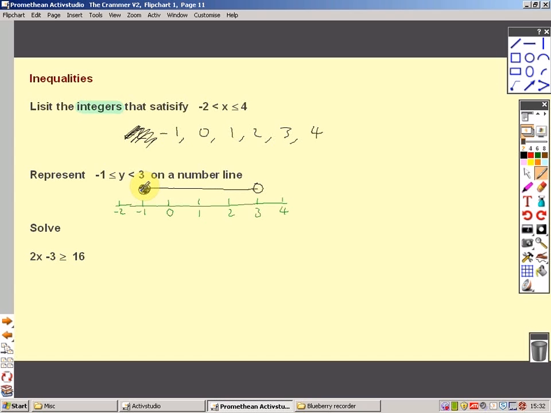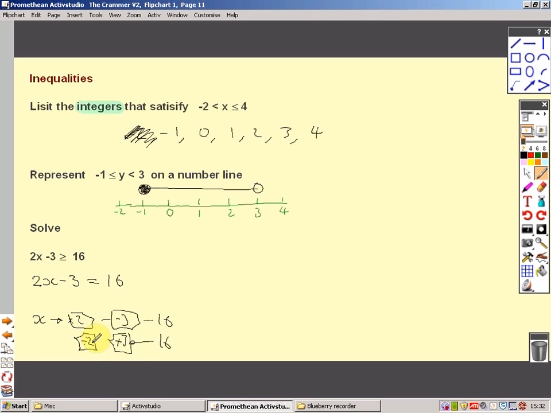Solving an inequality is very simple. We do it just as if it was an equation. Write it like that, and we just did this one, I think. X times 2 minus 3 gave us 16, so 16, add the 3, divide by 2.